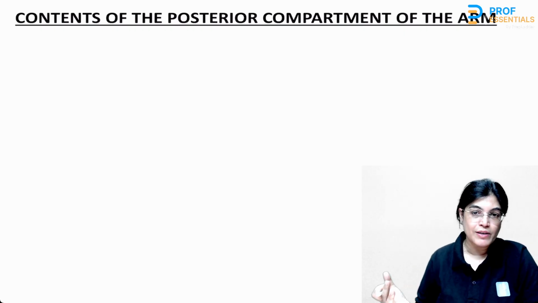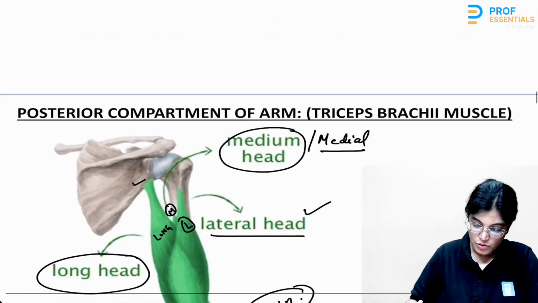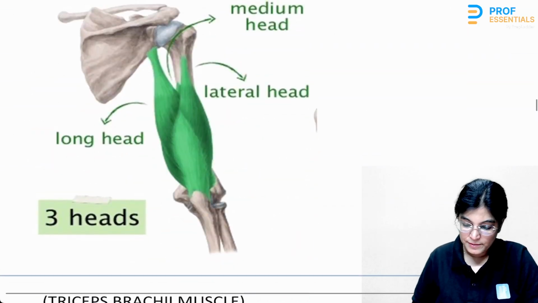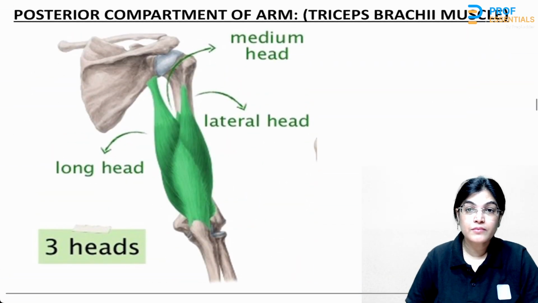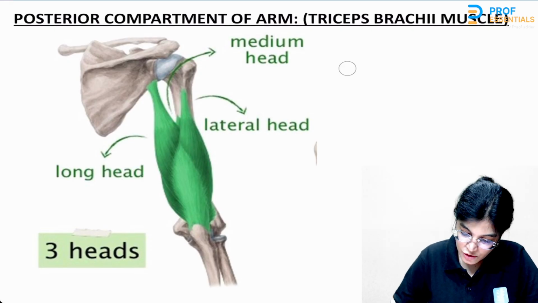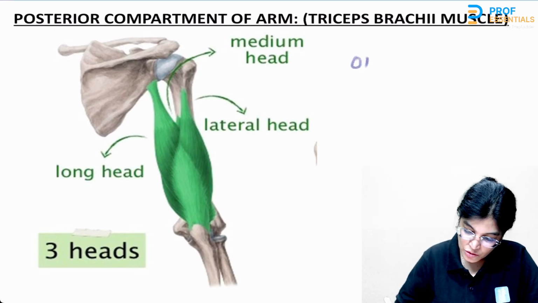And what is its innervation? It is coming from the radial nerve. So we have seen that, let's write about it. Firstly, I would like to write about origin.